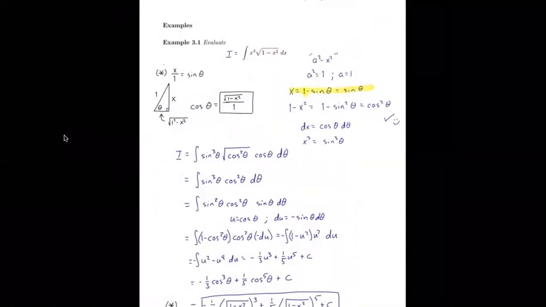You're always going to let x equal a times some trig function, a being this number, and the trig function being determined by whether it's a squared minus x squared, or x squared minus a squared, or x squared plus a squared. A check for that, and something to help you clean up the integral as you progress, is to write down the troublesome term under the radical and see what it comes out to, and see if that's going to simplify in the square root, and it will. In this case, it did.